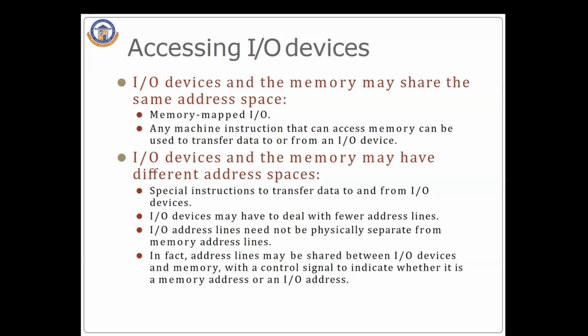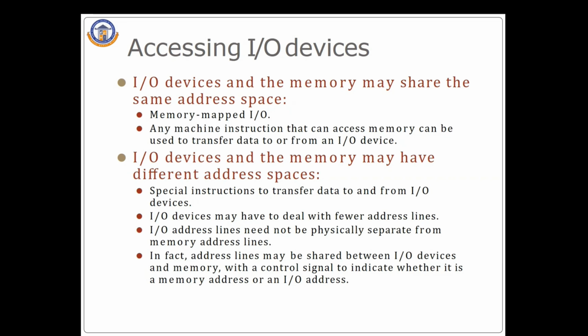So if the I/O device and memory share the same address space, it is called memory mapped I/O, and any machine instruction that can access the memory can be used to transfer the data to or from the I/O device. When an instruction wants to access the memory, it can use that address to transfer the data to and from the I/O device.